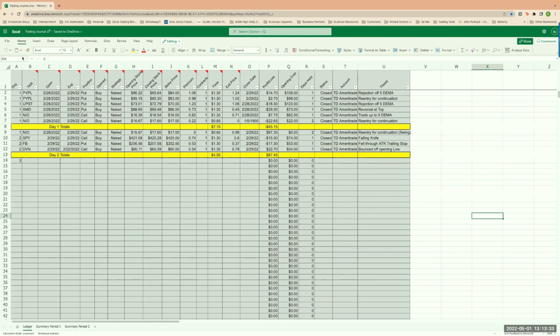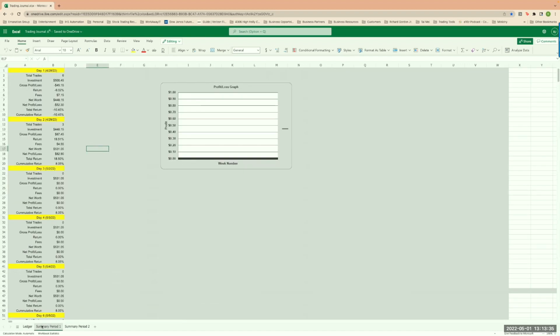I just want to show you how much that impacts your gains and losses. Here, those fees totaled $7.15. That's pretty significant when you think about it, and quite frankly, we have to factor that into our cost, right?